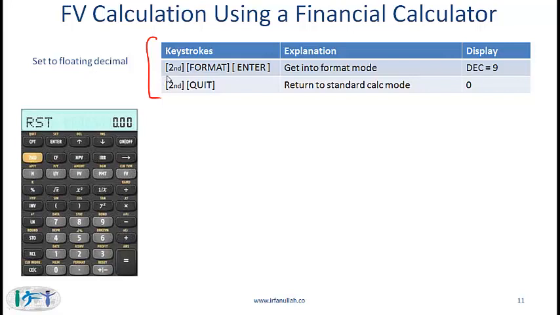So you hit the following keystrokes: second, which is right here; format, which is over here; and then enter, which is here. And then you will see the option to enter the number of decimal places. You enter 9 and the display is going to be 9. Then you hit second again and quit. That will return the calculator to standard mode. What you have now done is set decimal places to 9, which represents a floating decimal.